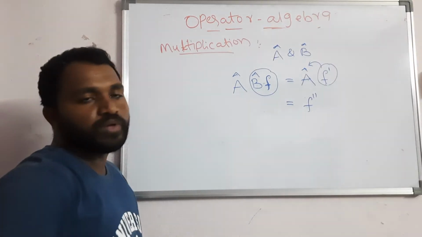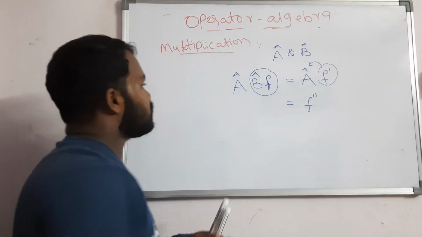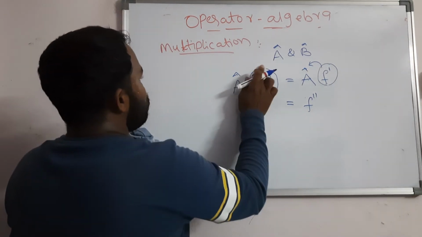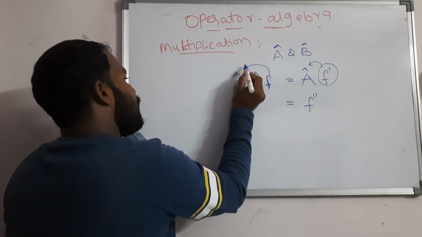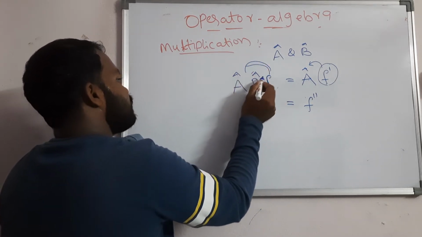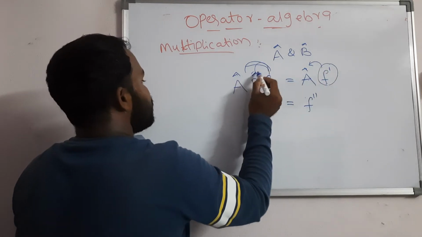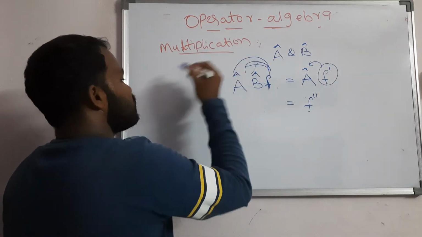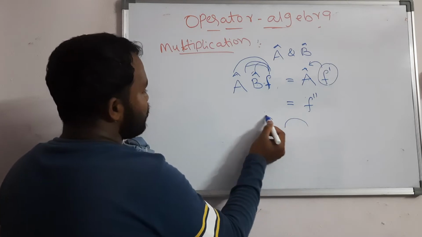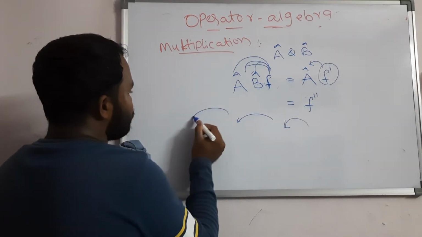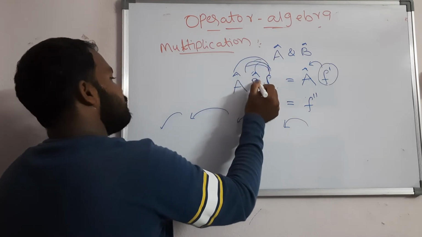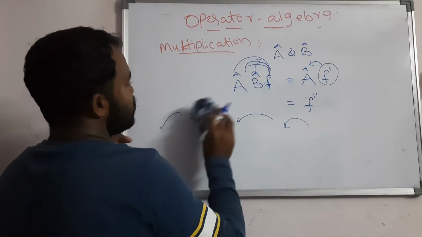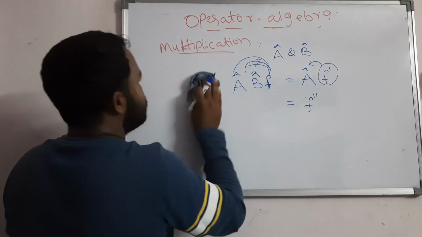Generally the function is always operated from right side to left side. Operators always do the operations from right to left. So wherever the function is there, first with B cap, then A cap you should write.